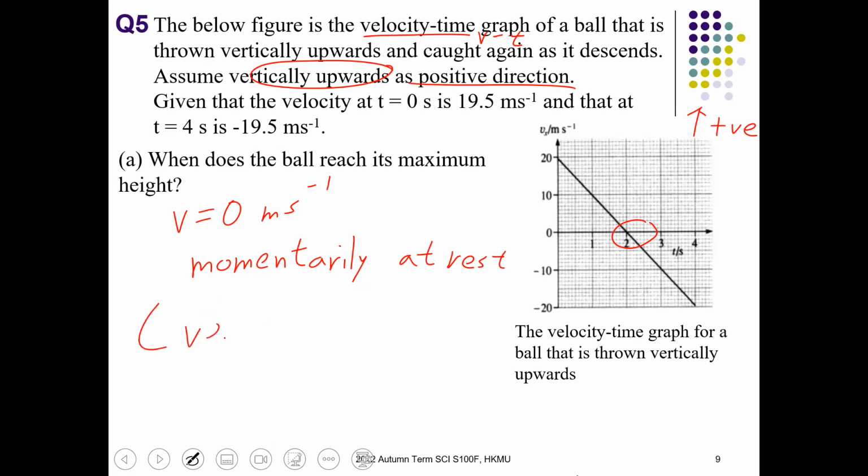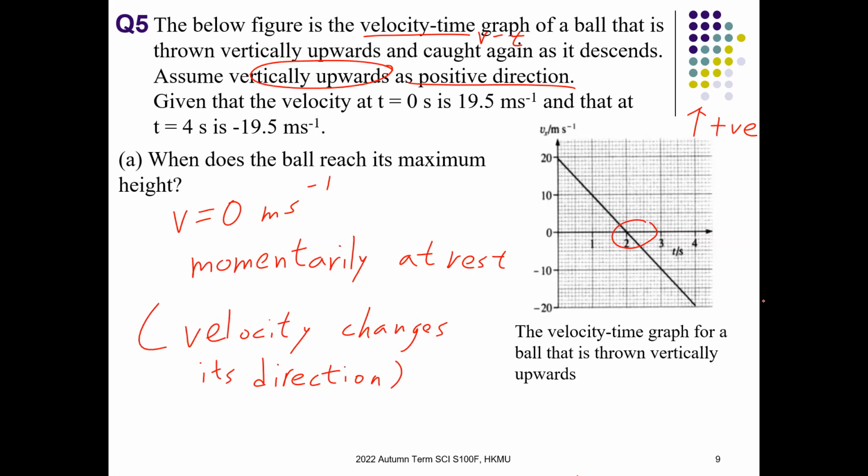It means that the velocity changes its direction. This is the moment where the velocity changes its direction. From positive to negative at the intersection point, we should have 0 for the velocity.